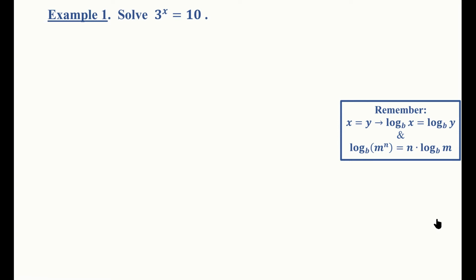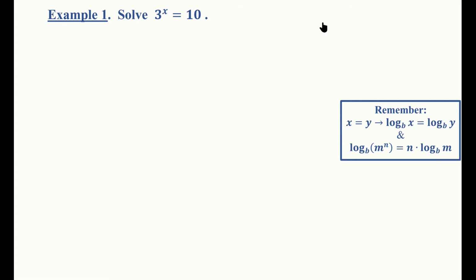So starting with our original equation, we see that the unknown is in the exponent position. We have to bring it out of that position if we have any hope of solving for it. The only rule we have that helps us do that is the power rule for logarithms. So that's why we have to do what's called take the log of both sides.